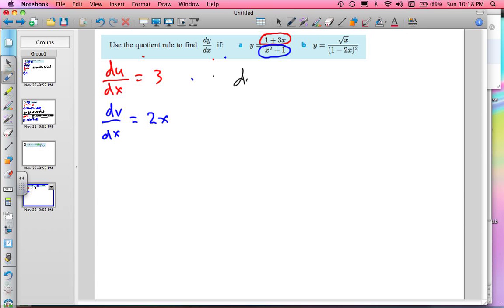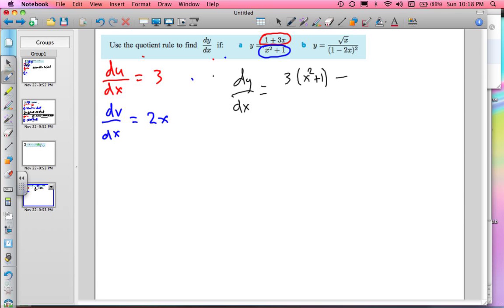So we have dy dx is equal to, now this is where it's similar to the product rule, derivative of the first function, or in this case the numerator function, which is 3, times the denominator function, just the regular one, not the derivative, just the regular function, which is x squared plus 1. Now this is where it's different.